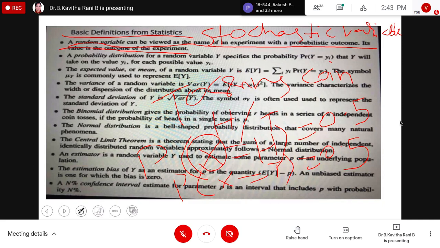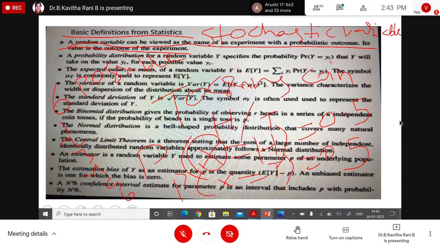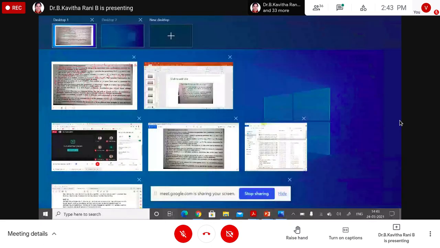In the same way, one more example, that is rolling a dice. So what are the possibilities of getting on the dice? That is 6 possible outputs. So what are the 6 possible outputs we have? Either 1 or 2 or 3 or 4 or 5 or 6. That is nothing but probability of getting x is equal to 1, that will be 1 by 6.